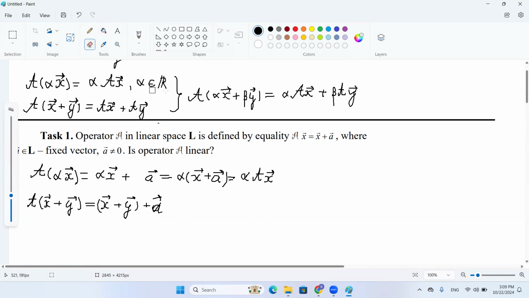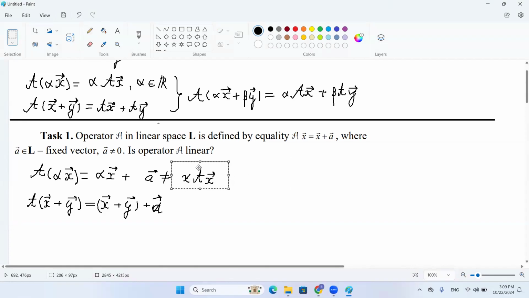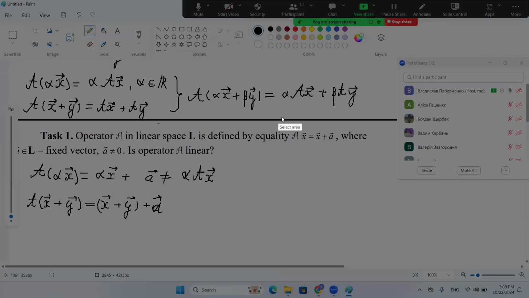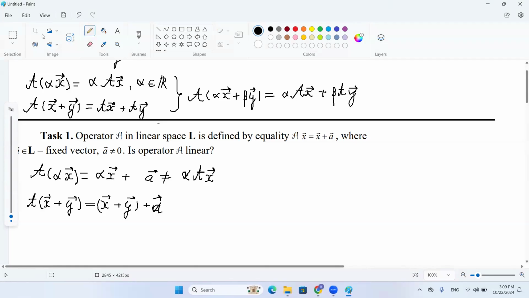So this condition is not true as well, and I need to correct my materials as well. And yeah, we need to check both properties.